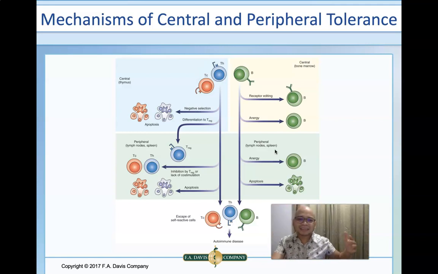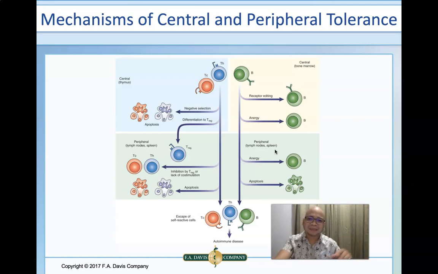However, as you can see, there are two levels. It's like Google, two levels of authentication, but in this case, two levels of protective mechanism. One level is central tolerance, and another level is peripheral tolerance. I know that for those of you trying to understand the mechanism of autoimmune disease for the first time, you might get confused.